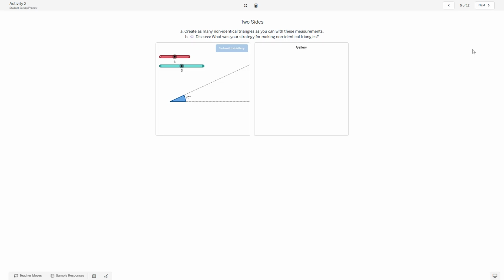Okay, create as many non-identical triangles as you can with these measurements. I'm going to start with the side and side here with the angle in the middle. And then I will do the reverse of that and see what happens. Okay, those look very similar. It's just if I took this and I flipped it, I would get that.